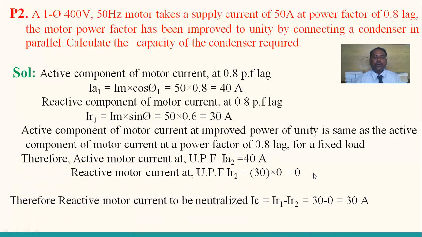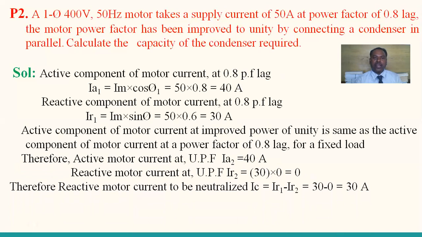Therefore, reactive motor current to be neutralized, that is IC, is equal to IR1 minus IR2. This current is to be neutralized to 0 so that the power factor is enhanced to 1. So IR1 minus IR2 is equal to 30 minus 0, which is 30 amperes.